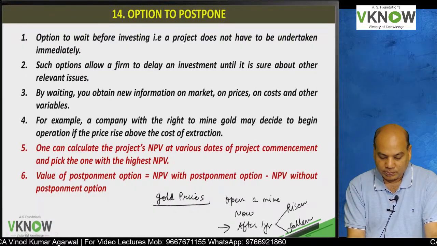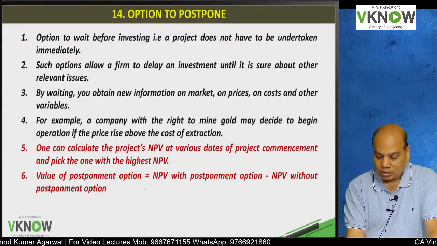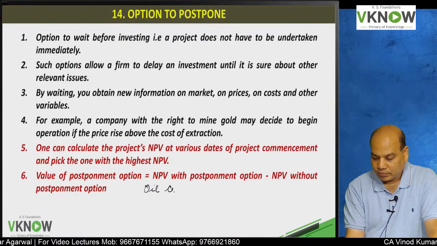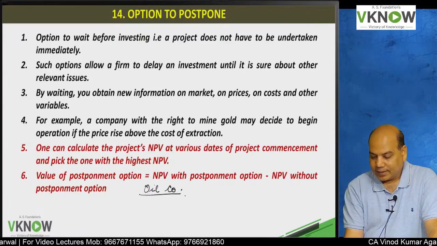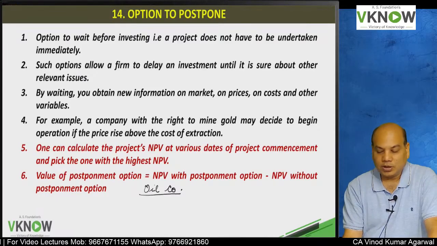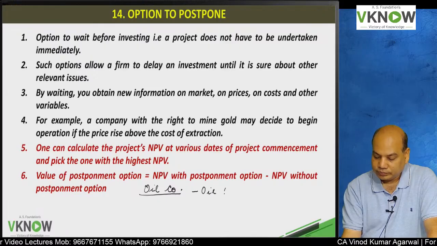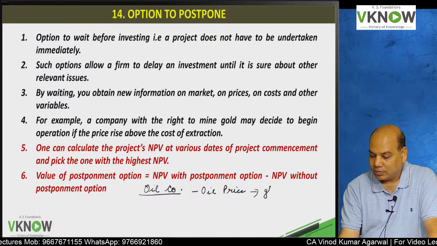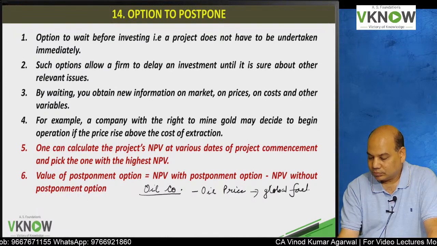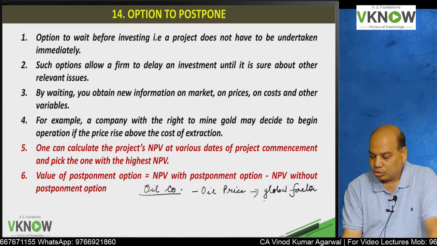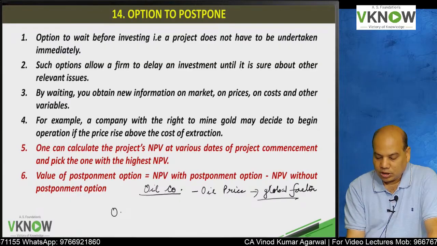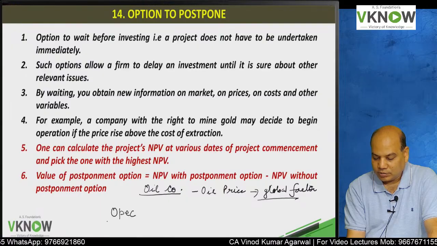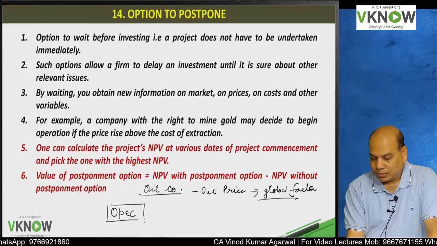One more example, a practical example now. You are an oil company and your business model depends on oil price. Oil prices are affected because of global factors. Globally, there are cartels like OPEC. Have you heard of OPEC?